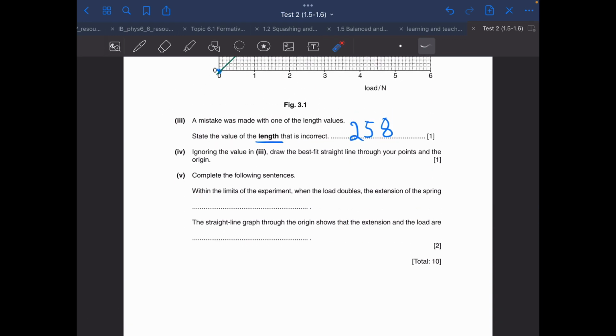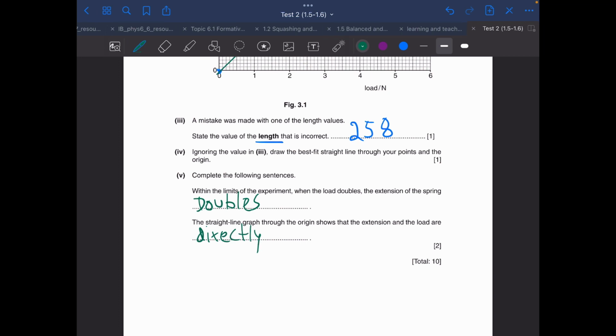Complete the following sentences. Within the limits of the experiment, when the load doubles, the extension of the spring also doubles. Whenever we have a linear relationship, whenever it is a straight line relating the quantities, if you double one quantity, you're doubling the other quantity, okay? The straight line graph through the origin shows that the extension and the load are directly proportional.